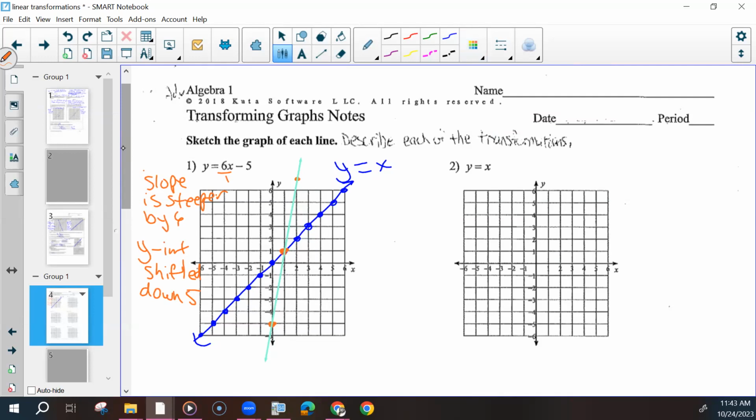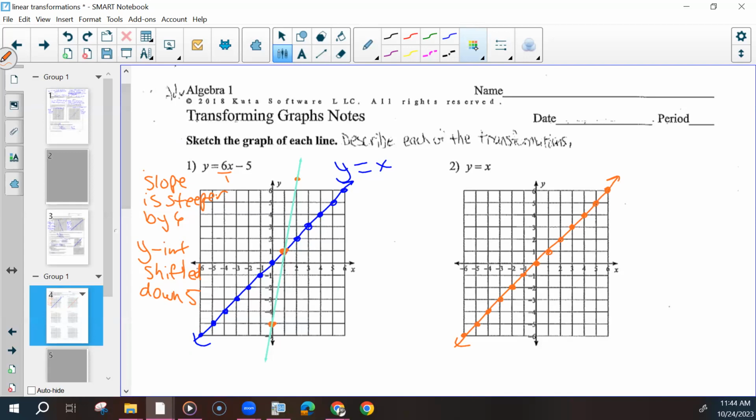So really, if you wanted to practice this, you could go back to all of your graphing and do this. If I were to draw this one, which happens to be the original, did anything change?